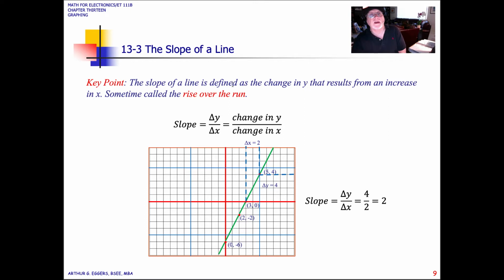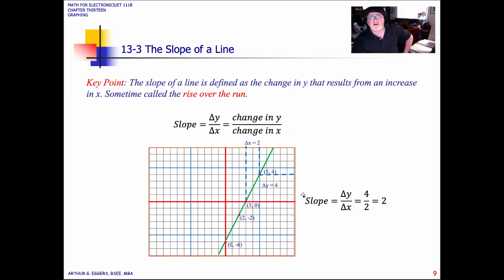The slope of the line is defined as the change in a y value that results from an increase in the x values. Sometimes we call this the rise over the run. So mathematically, the slope is equal to delta y, or the change in y, divided by the change in x.